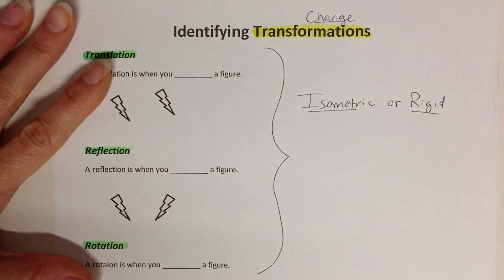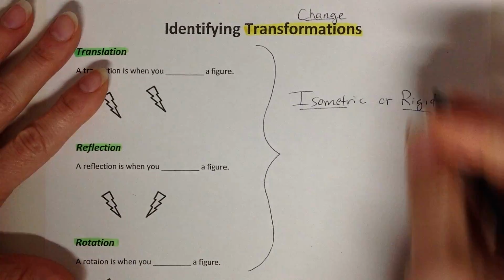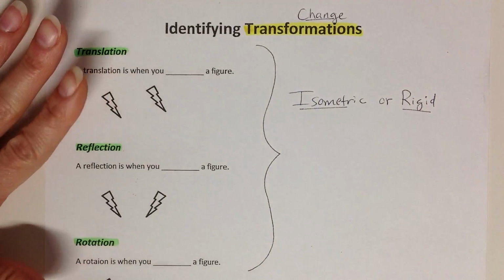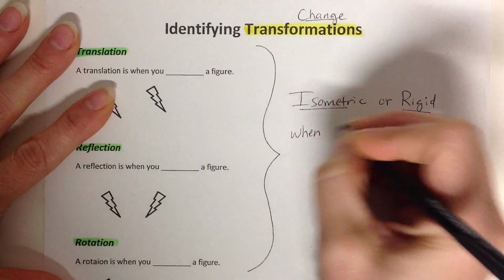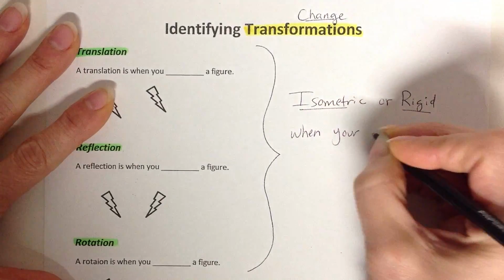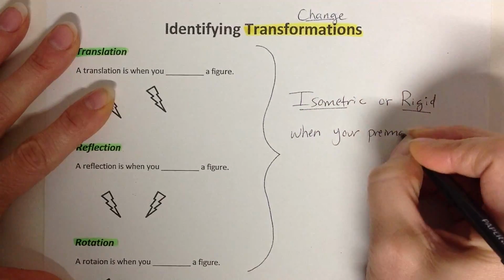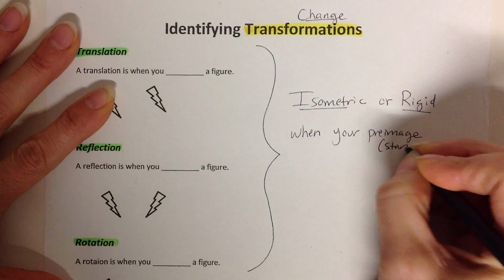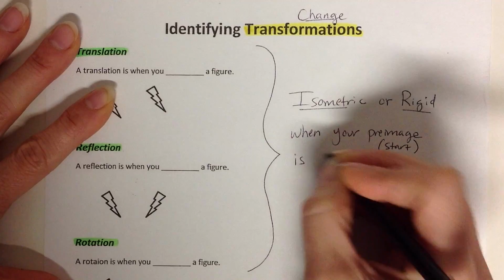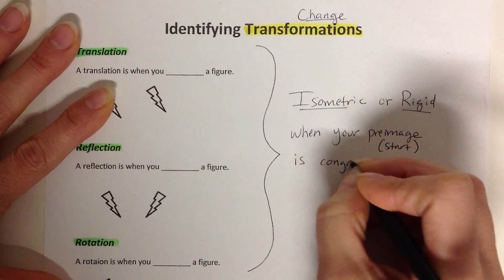Okay, if something's rigid, there's not any change in it, right? So an isometric or rigid transformation is when your pre-image, that's the one where you start at, is congruent.